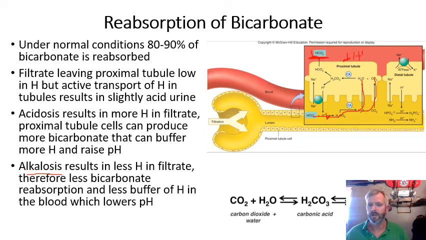Here we can modify the levels of bicarbonate in the blood to offset those effects. So it's a pretty unique organ, and it's got to play in blood pressure, in pH, in osmolarity. These kidneys are very important little structures that regulate a lot of the homeostasis going on in the body.